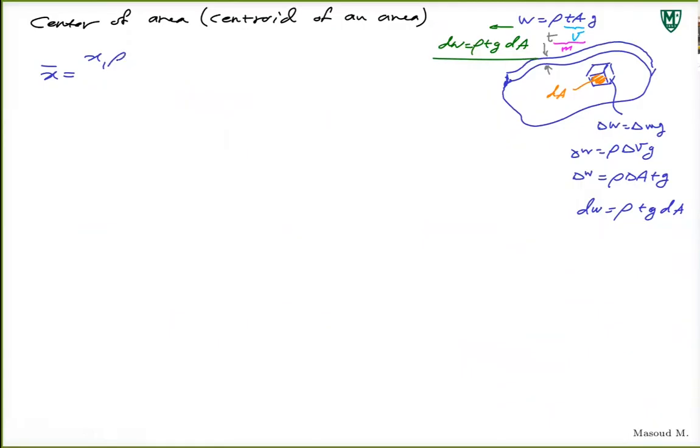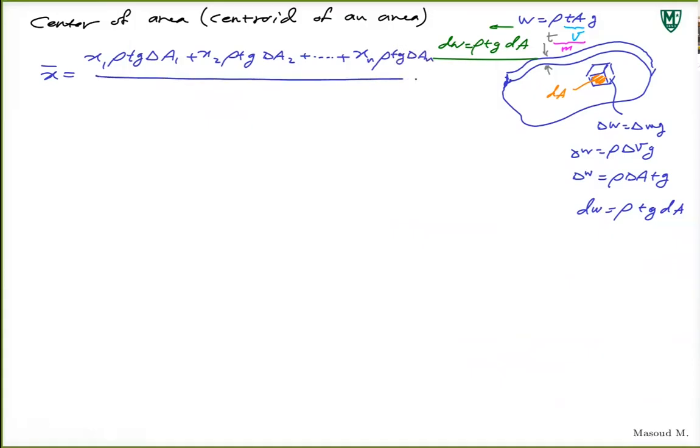Right? For each element it is rho T g delta A1 plus x2 rho T g delta A2 plus dot dot dot plus xn rho T g delta An. And at the bottom, W is rho T A g.